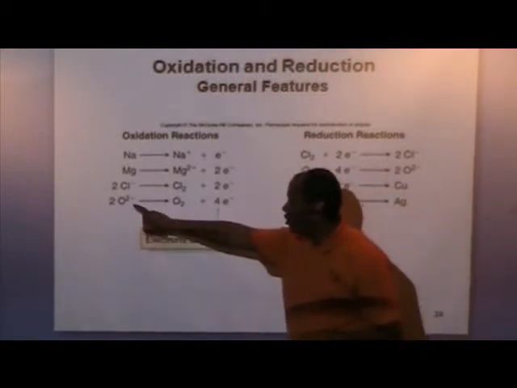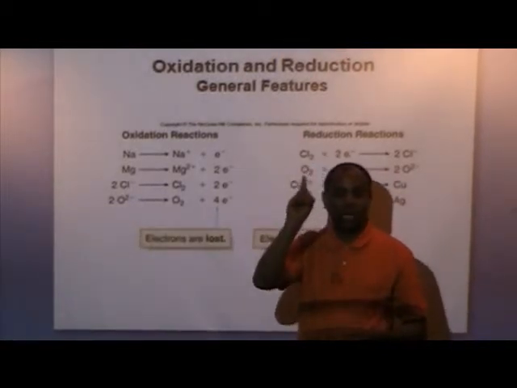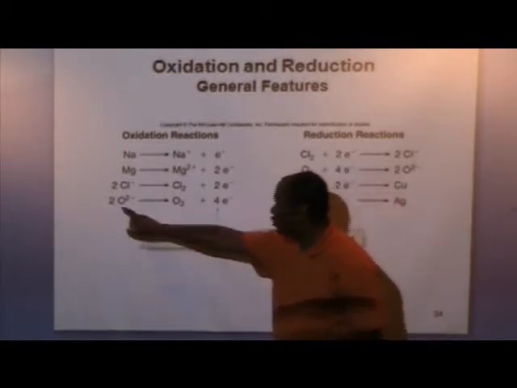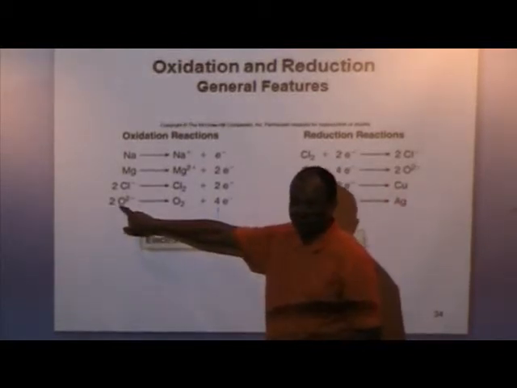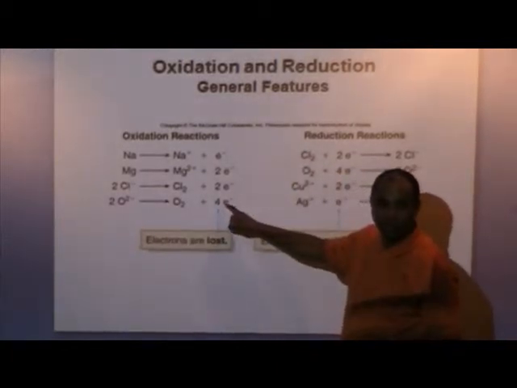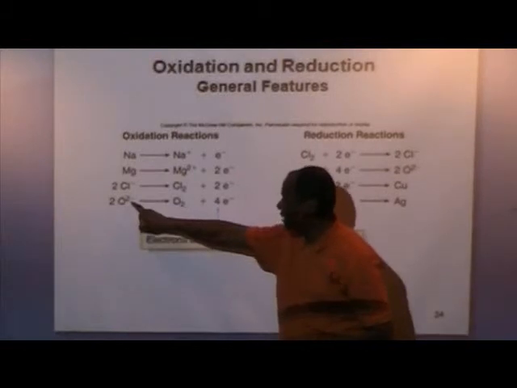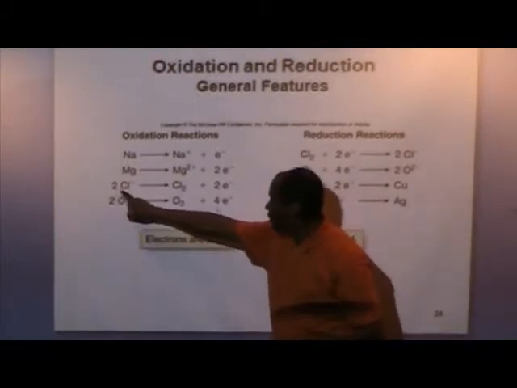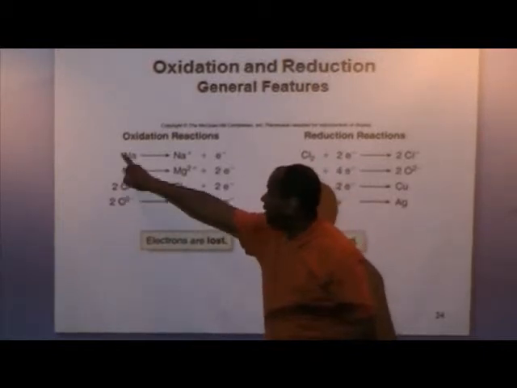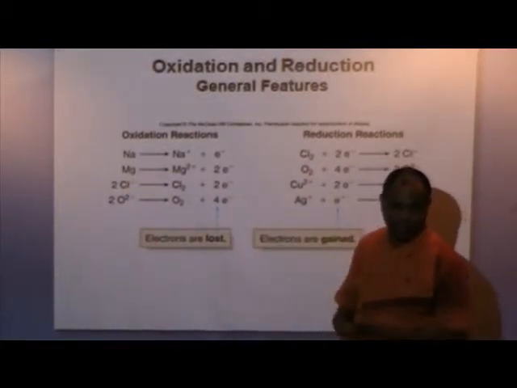Oxygen, one single oxygen has a minus 2 charge, but you have 2 oxygen. Times 2, it has to lose 4 electrons. 2, the coefficient times subscript. No subscript, so that's why you have only 2 here.